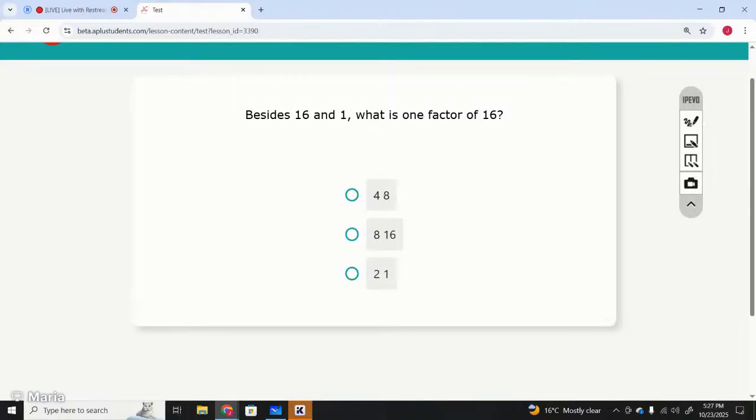Besides 16 and 1, which is the one factor of 16? So, which is the correct option?